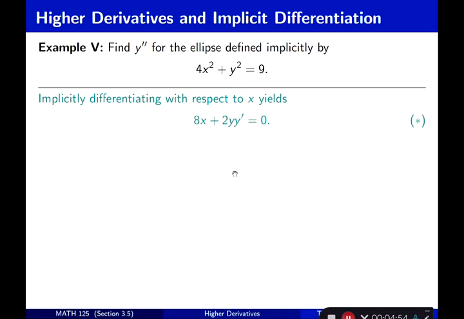Now, there are two ways of going about doing the second part of this problem. Part 1, you solve for y prime, and you get negative 4x over y. Then you take the second derivative, and it would be an implicit differentiation too.